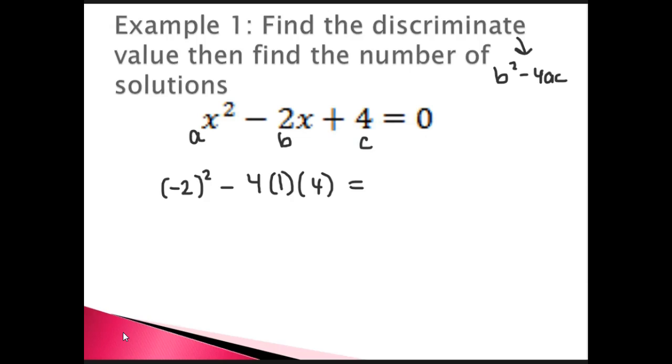When you type in b squared to your calculator, you need to ensure that you have the parentheses around it. So if you type this in on your calculator, you want to put parentheses around the b value, and you want to have parentheses around the 4ac. So you need parentheses in 2 spots. You actually don't need these parentheses in here. You can simply type 4 times 1 times 4.